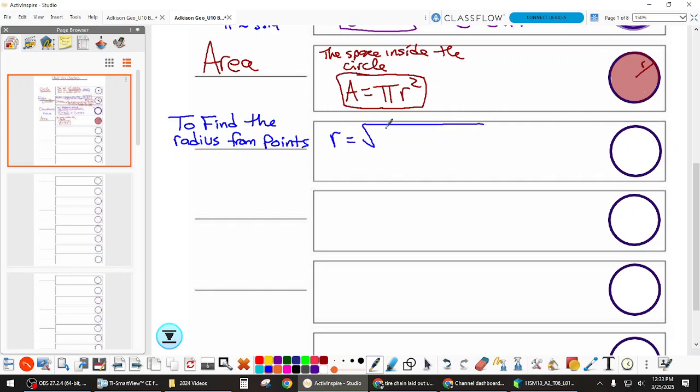The formula we just developed. I'll let you get that written and then we'll go put the picture together.